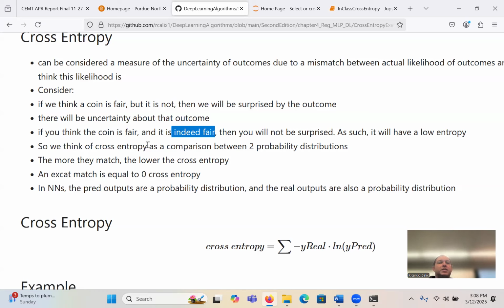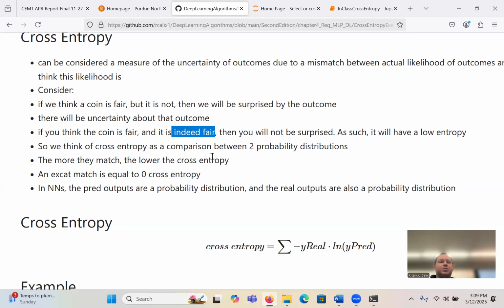So we think of cross entropy as a comparison between two probability distributions, right? Which is going to be, in our case, the real labels and the predicted labels. So the model will predict that this is a cat or a dog, but it turns out that this was, in fact, an airplane for CIFAR-10. That's essentially what this is saying. So we're surprised, and we can use that to measure and train the model based on it.